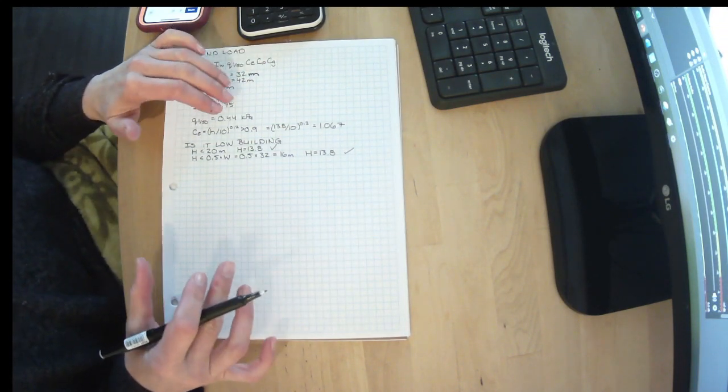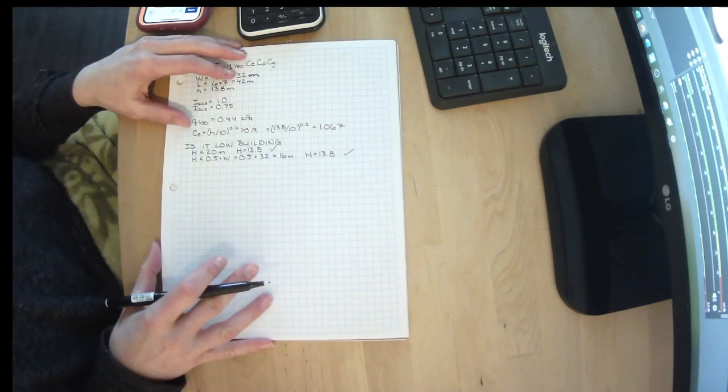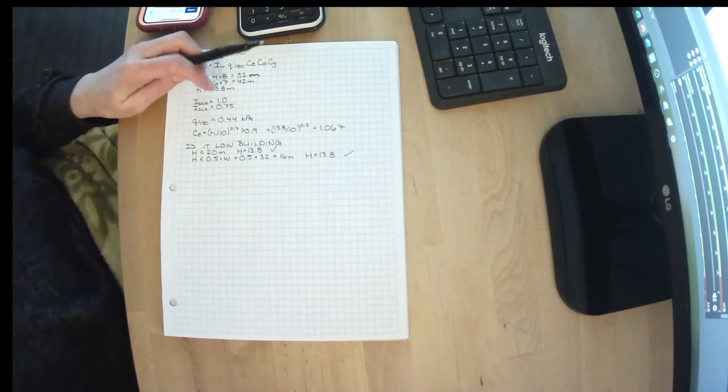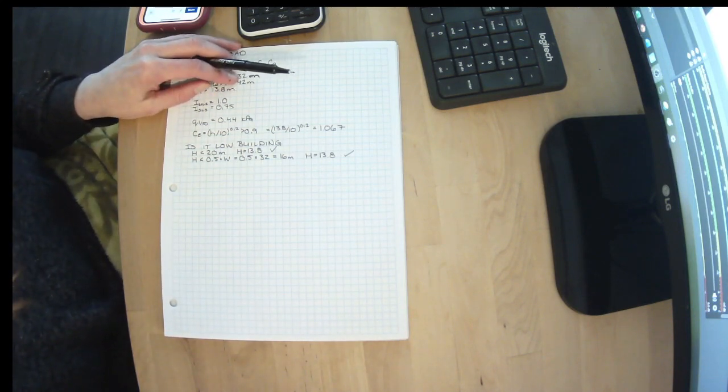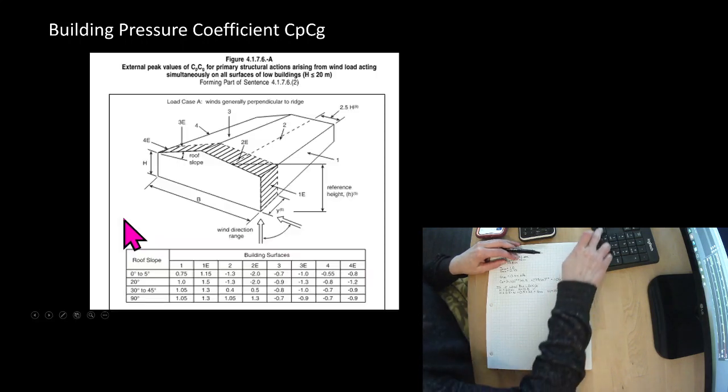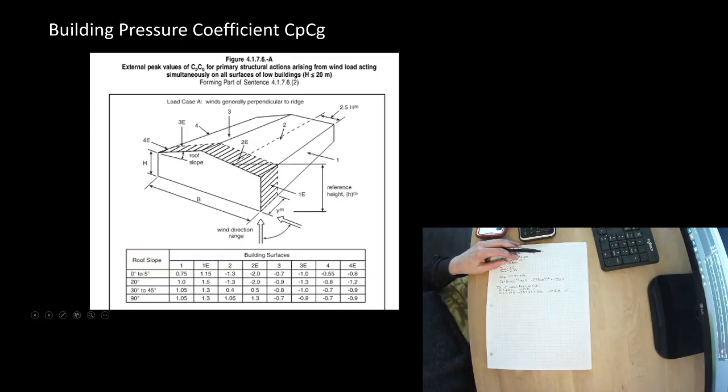And we know for a low-rise building, CP and CG are smushed together with a little table for us. So let's go take a look at that little table. Here we go. We know that we have a flat-roofed building, and we're not worried about the roof section.